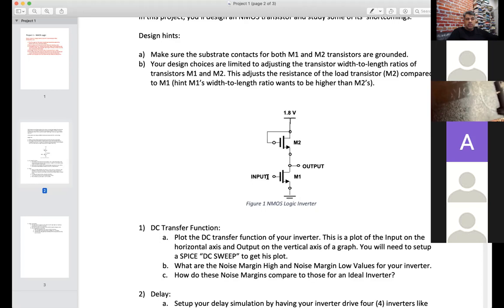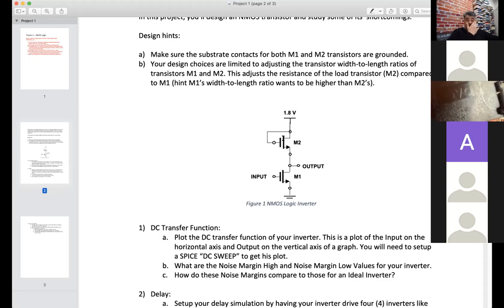When the input voltage to this gate is high, the gate-source voltage is large, and this guy's on pretty hard, and it's pulling this output. It's on more than this one, so its resistance is less than the resistance of this guy, and it's going to pull this output node low. So the input is high, the output node is going to get pulled low, and when the input goes low, it turns off this transistor, and this guy will pull the output high until it itself turns off.